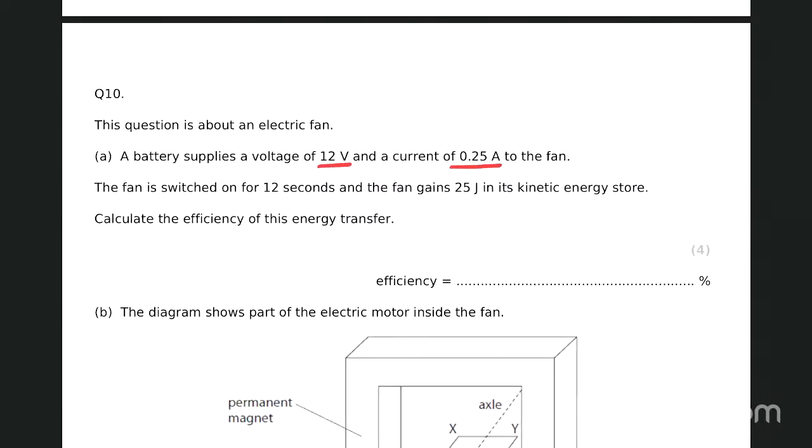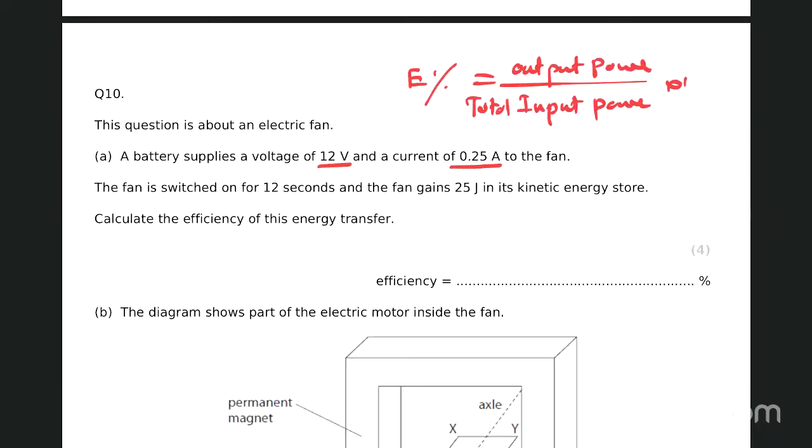Right. So when it comes to efficiency, efficiency percentage value will be the output power over the total input power multiplied by 100. Instead of power, you can use the energy value as well, right?